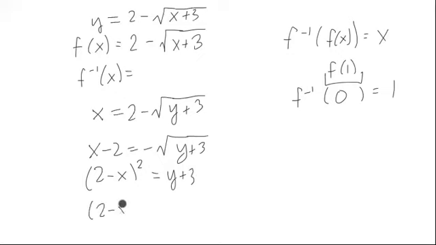So we get 2 minus x, quantity squared minus 3, is equal to y. Okay, so we can think this is now output and that's input. And so we can represent formulaically what the inverse function is. But this isn't quite all the way true, at least not quite yet. Let's think about this for a minute.